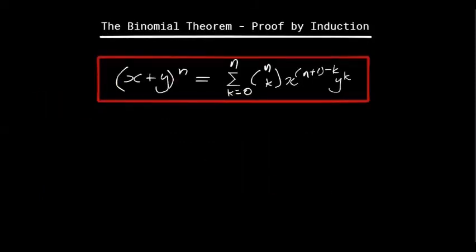Let's review the inductive step with a specific example. We'll use x plus y to the power of 4, and we will derive that from x plus y times x plus y to the power of 3.